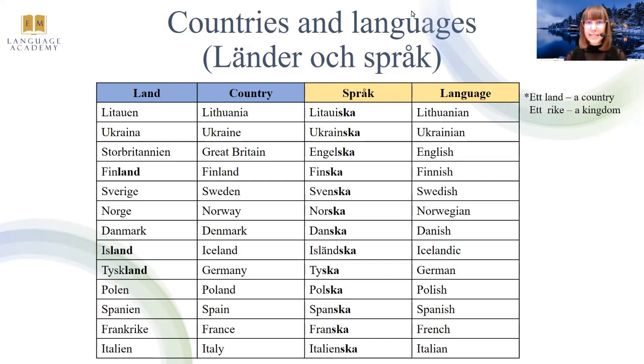I think I would like to stop when it comes to Spain and France a little bit. Why? Because Spain is rather an exception, I'd say. Do you remember the basic rule when it comes to long and short vowels? I can give you a couple of examples. En penna, en mobil.